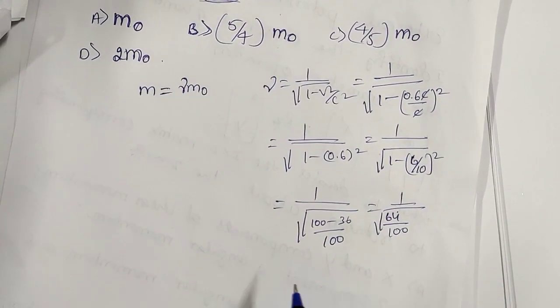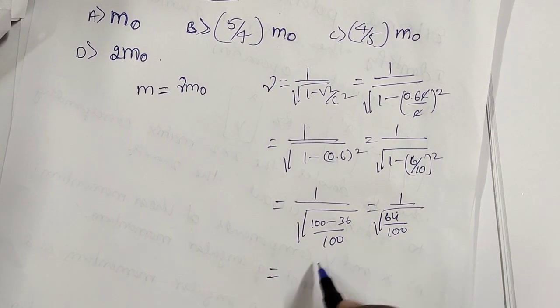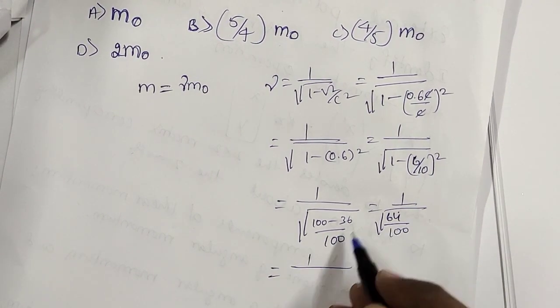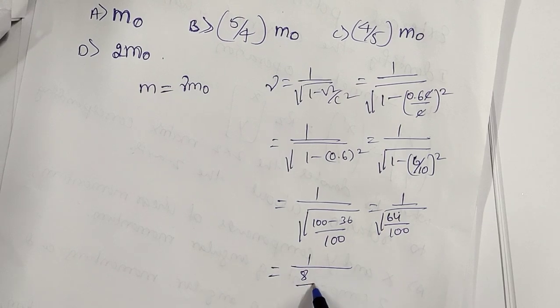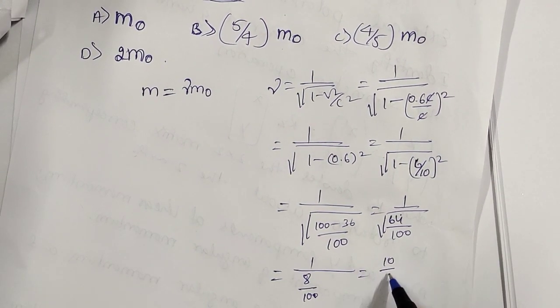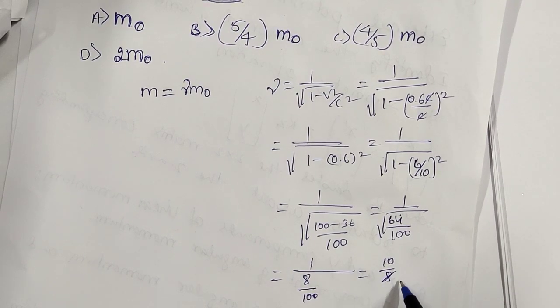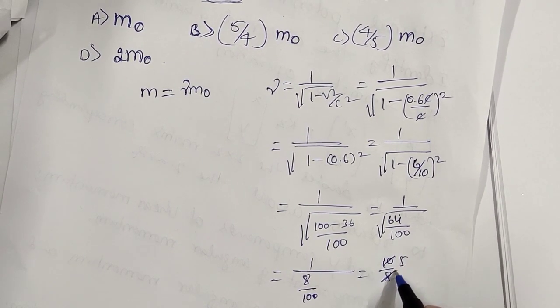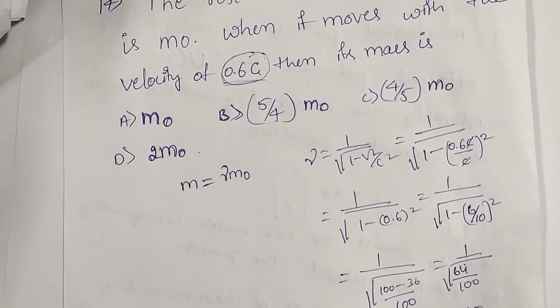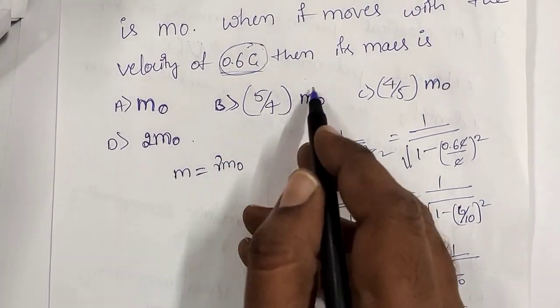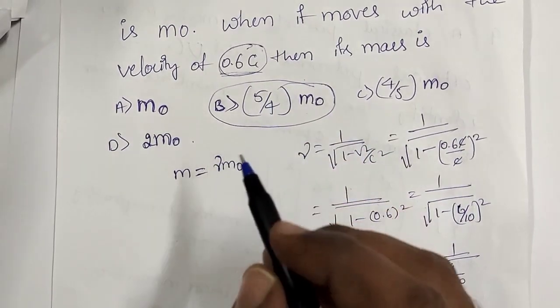Taking the root, 64 becomes 8 and 100 becomes 10, so it is equal to 10 by 8, which is 5 by 4. So 5 by 4 m naught is the answer, option B is correct.